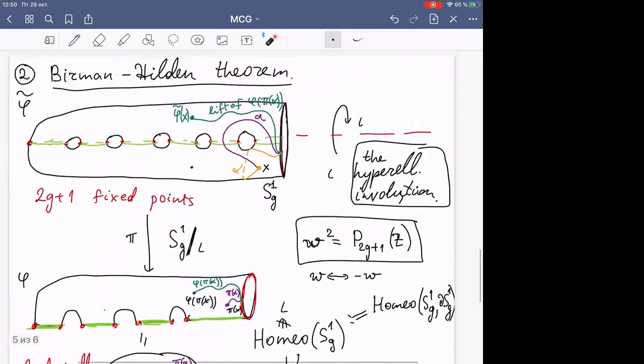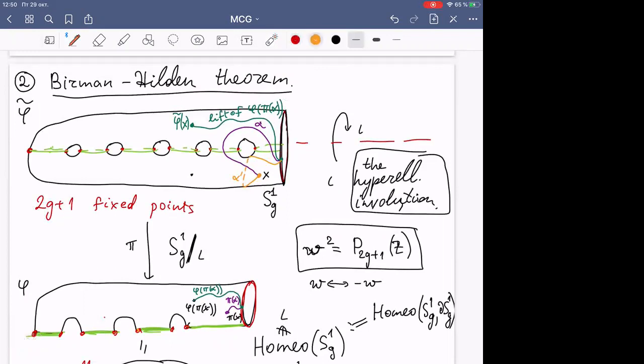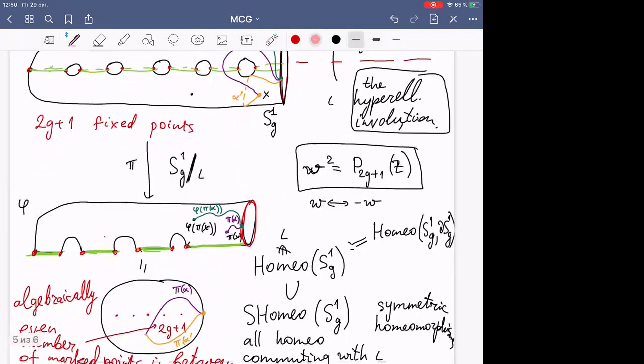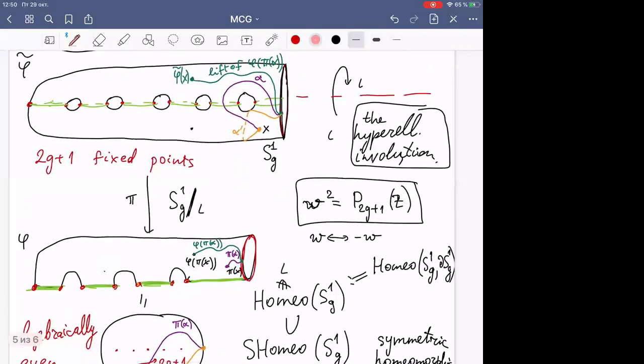So similarly, here we had this pi of alpha prime, and then we apply the homeomorphism phi to both these arcs, and we get another phi of pi of alpha prime.